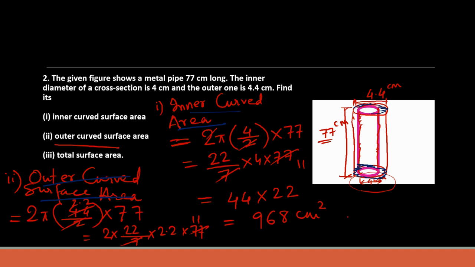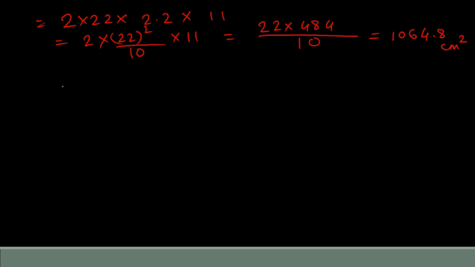You have to find the surface area of this ring. So let's first find out the surface area of the ring, right? Basically the surface area of this thickness. So basically this is a ring kind of.